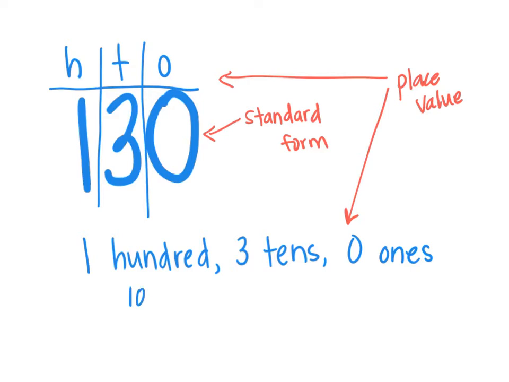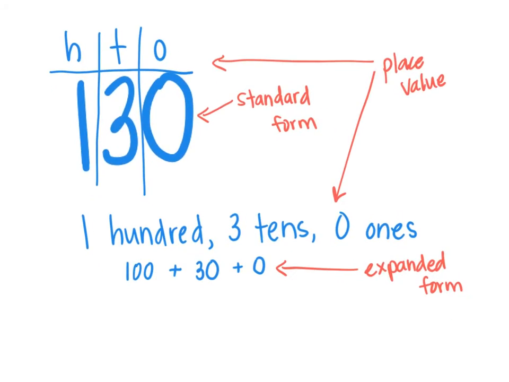So we'd write 100 plus, we can't forget that addition symbol, 3 tens, remember that's the same thing as 30, plus 0 because we have no ones. So that, as a reminder, is expanded form.